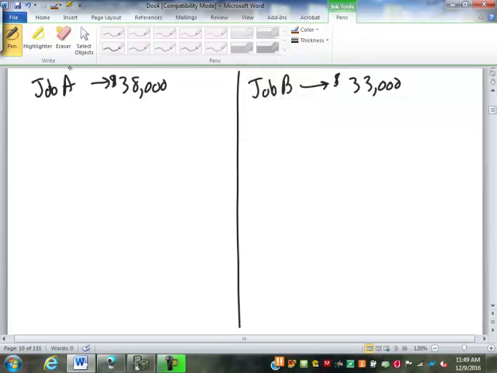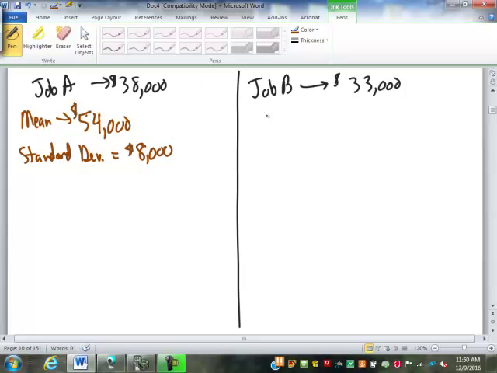But in the area of Job A, let's say the mean salary is 54,000 with a standard deviation of $8,000 in the field that you're working in.